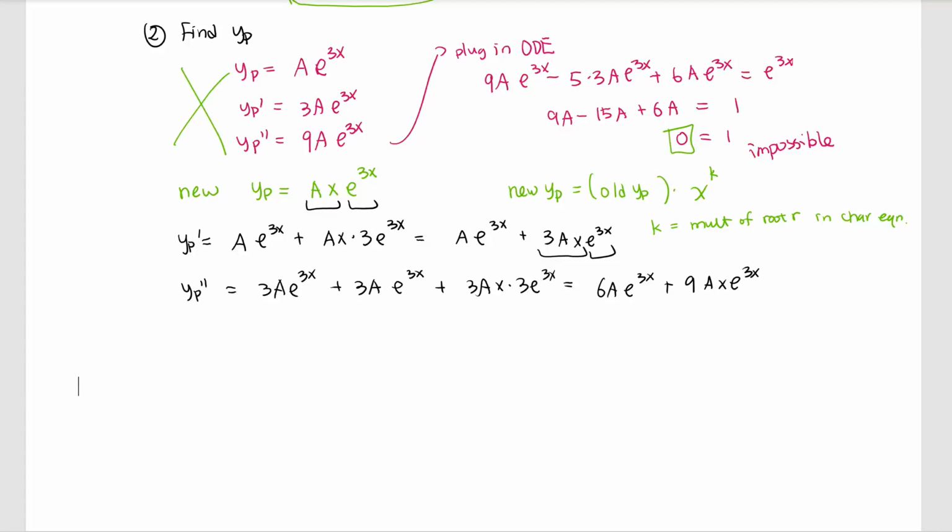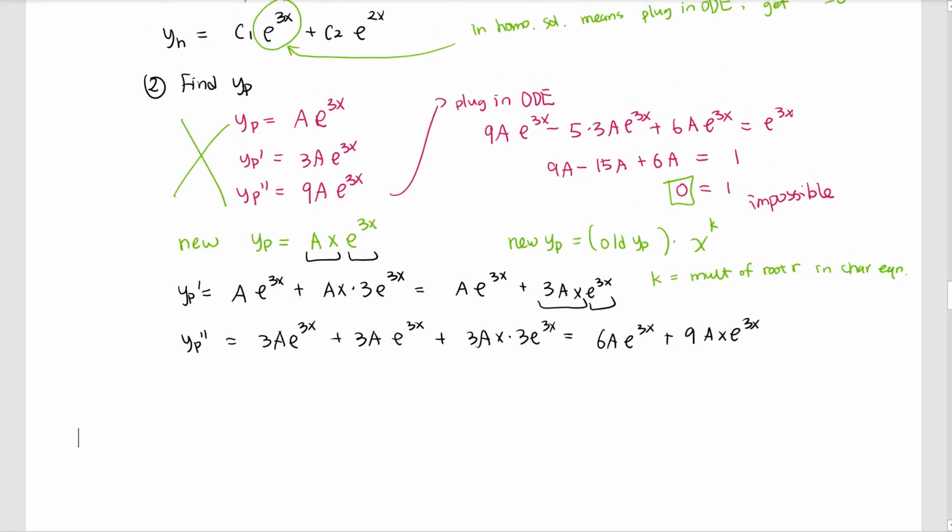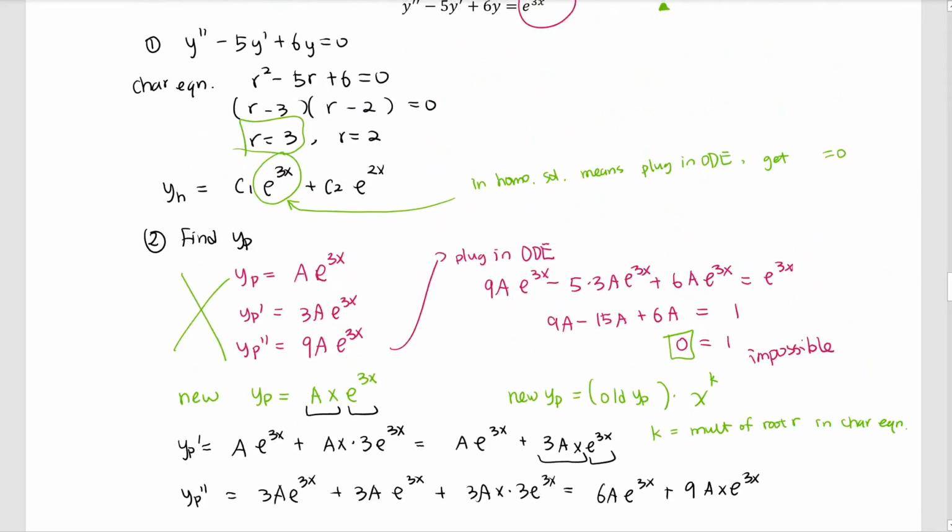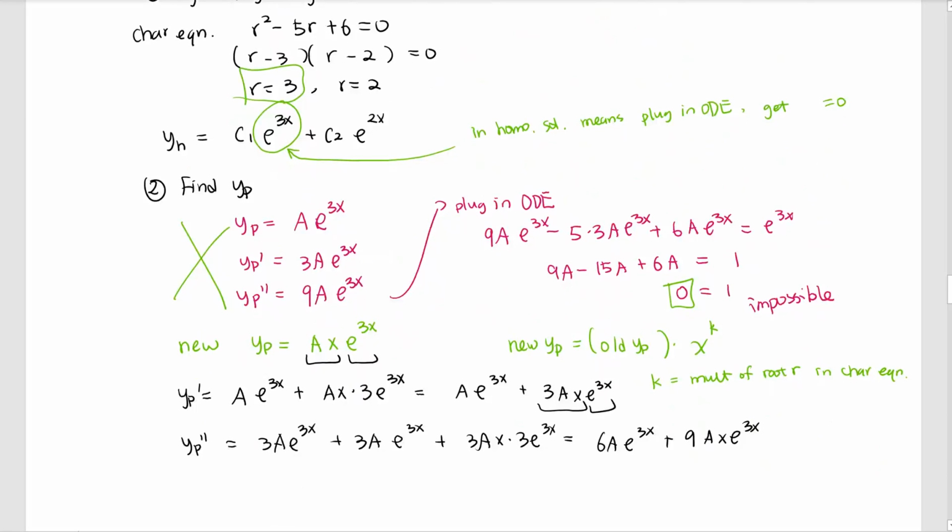Okay, so we can then plug in our ODE. So our ODE, y prime prime minus 5y prime plus 6y.